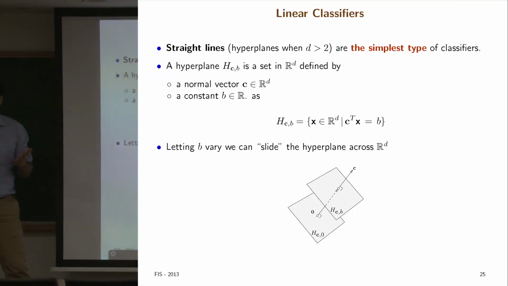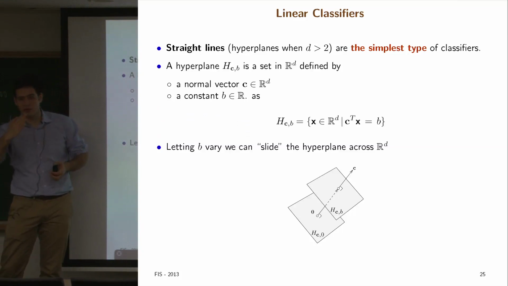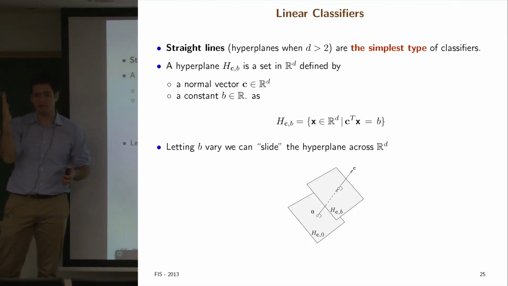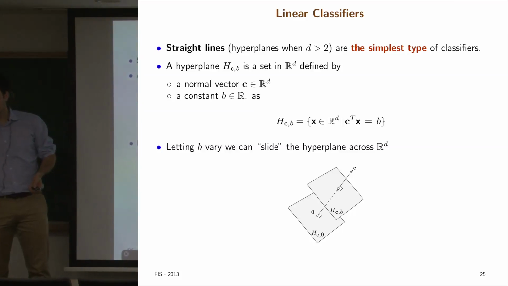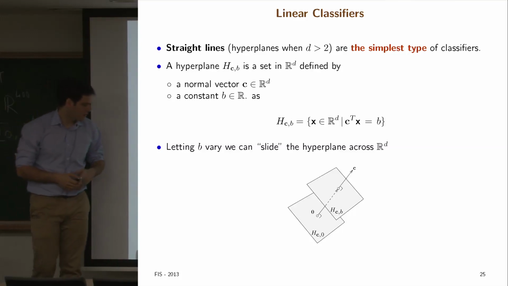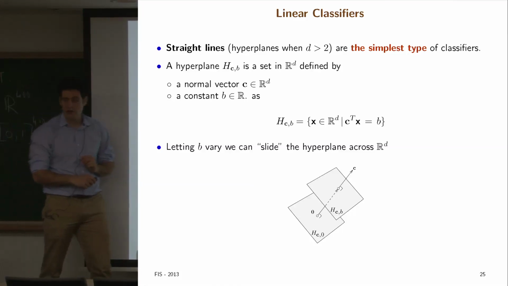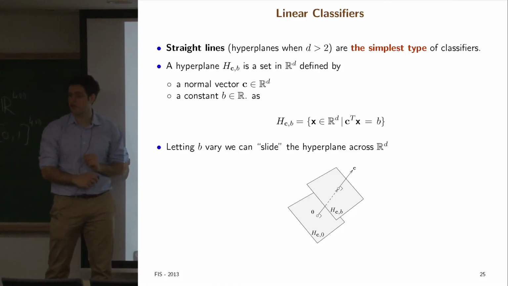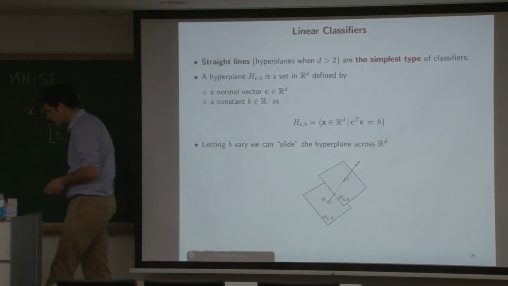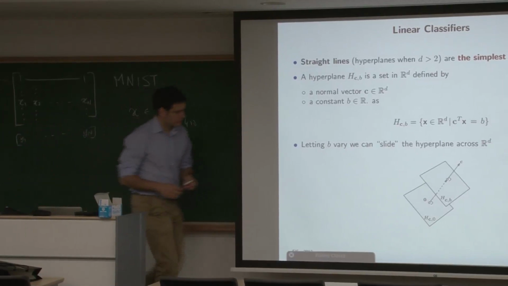So intuitively, what you should think is that the C direction gives you the orientation of the hyperplane, and the B constant gives you basically the location of that hyperplane. Okay. So if, for instance, you consider the hyperplane H_{C,0}, then it's the set of points X such that C transpose X equals 0, and that would include 0.